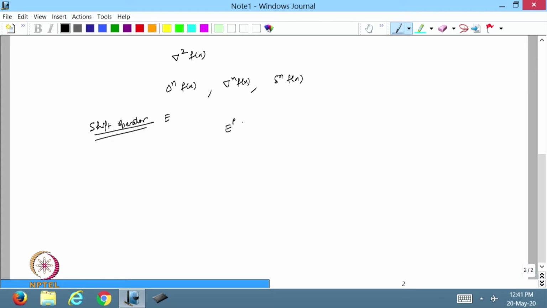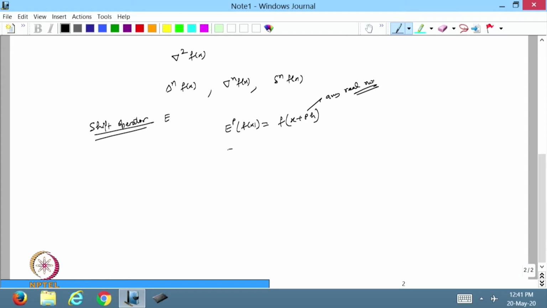Suppose I take e raised to power p and apply it on the function f x. This will be equal to the value of the function at x plus ph. I am shifting the function by ph, because it is e raised to power p, where p is any real number.